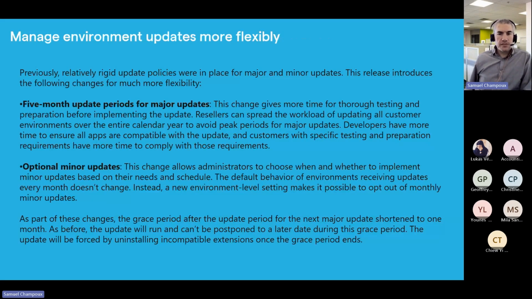So this one is actually what I mentioned at the beginning of the webinar about updates being 5 months. But another thing I didn't mention is that minor updates are now optional. So after V25, we'll be able to set the minor updates to be optional. What that means is that instead of applying automatically each month, you could say, I have tested this version, I want the system to stay on this version, and set it that way.